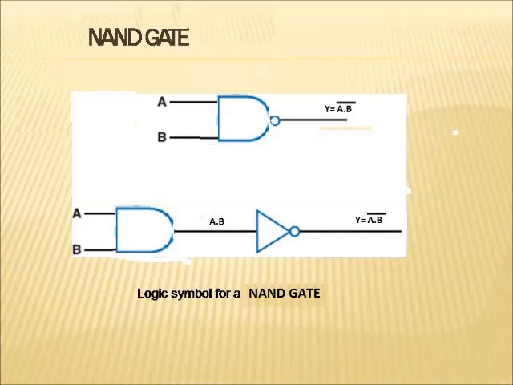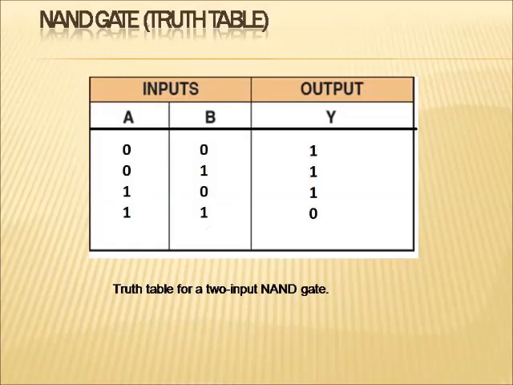Here you can see the truth table of a NAND gate. Here we have the two variable NAND gate. A and B are the two input variables and Y is the output variable. You can see that it produces 1 in the output in all cases except when A is equal to 1 and B is equal to 1.